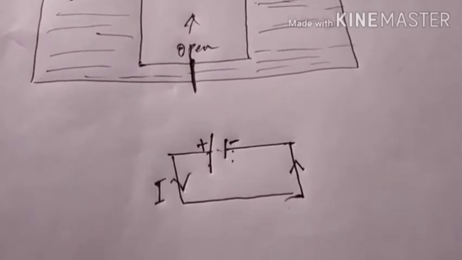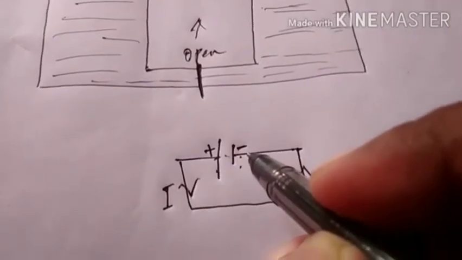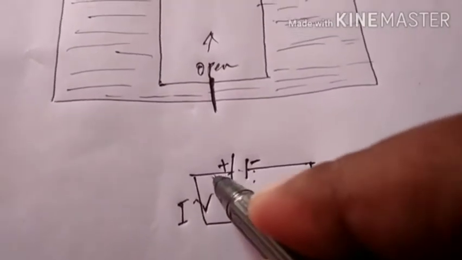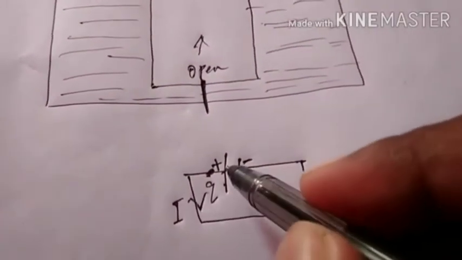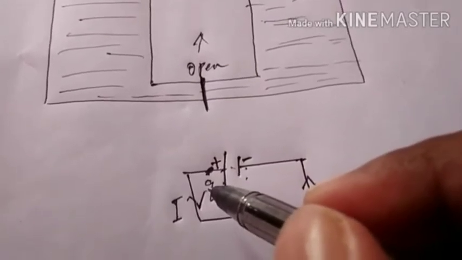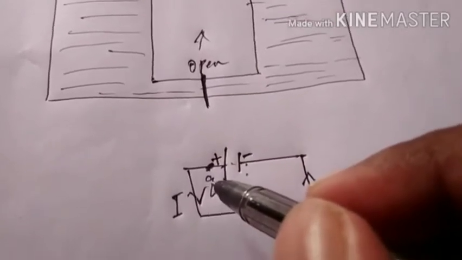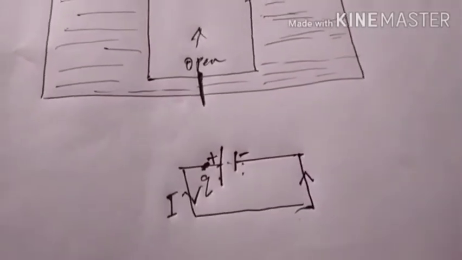Now suppose we want to move a charge from the positive terminal to the negative terminal, what do we have to do? Suppose a charge Q is placed here. This positive charge will experience a force, and if you want to move this charge, we have to do some work on it.